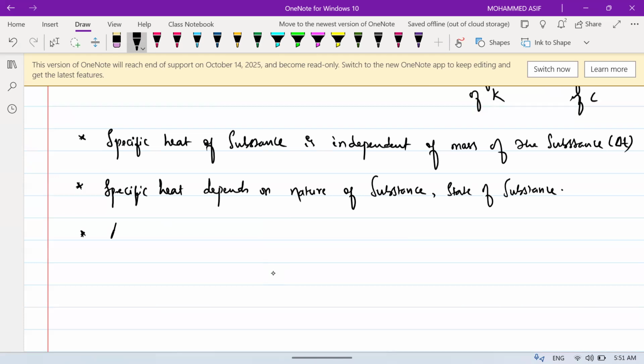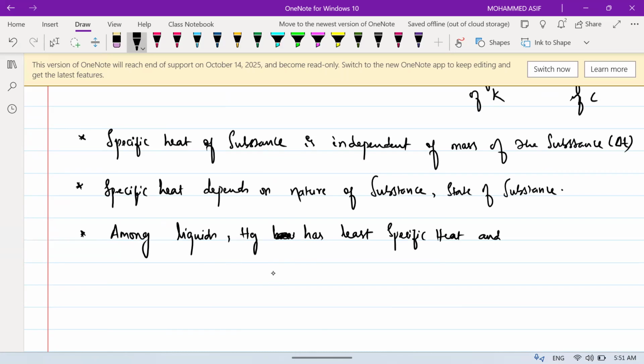Among liquids, mercury has the least specific heat, and hence it is used in clinical thermometers.